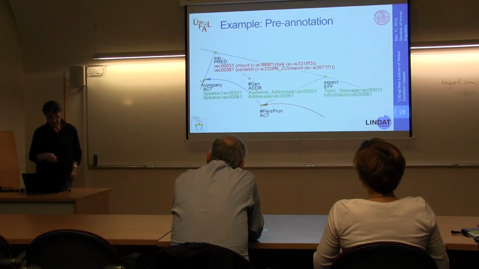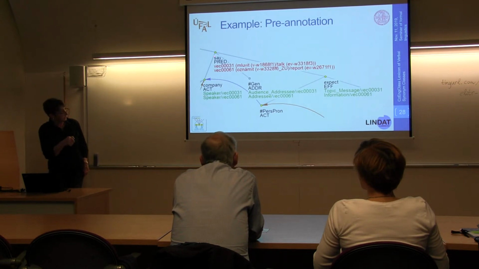So this is just to show you how the annotation looked like after assigning automatically the synonym classes to the event type or to the verb say. You see that they were assigned two synonym classes. This is one of them, mluvit, talk, and this is the second one, oznámit, report.